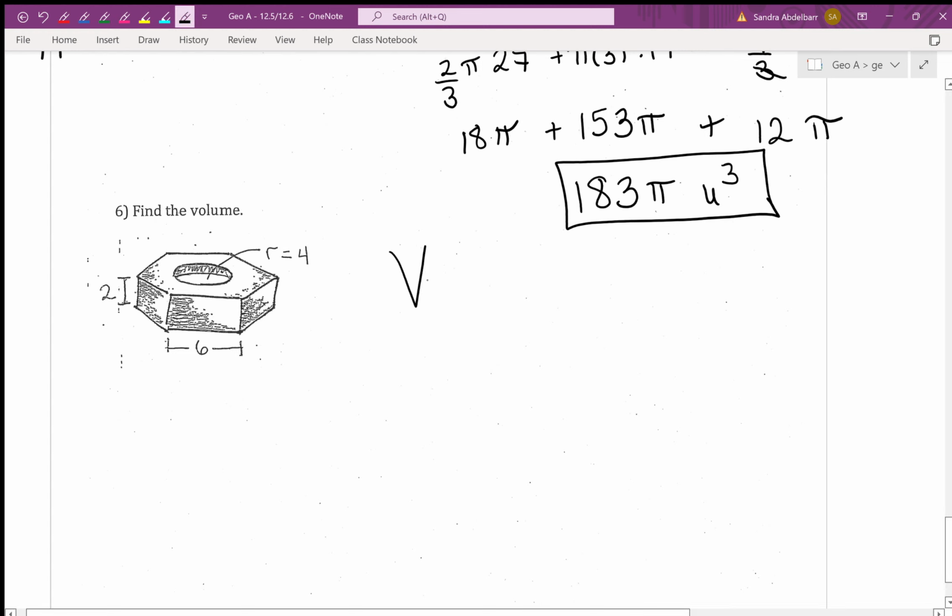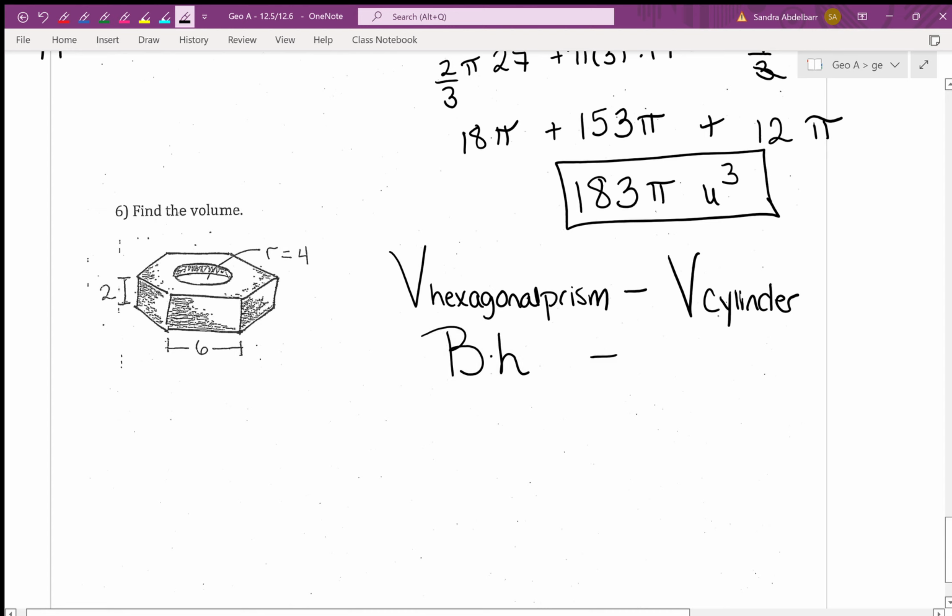So this is a volume of a hexagonal prism, minus the volume of a cylinder. Yep, there's depth to it. So the volume of any prism is area of the base times the height. The volume of a cylinder is area of the base times the height. But their bases are different.